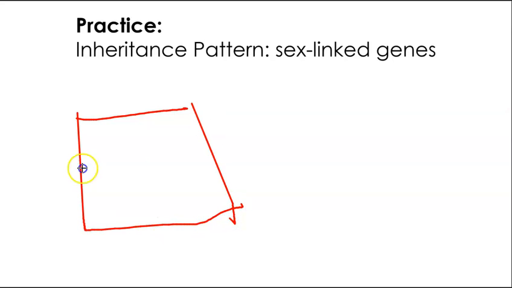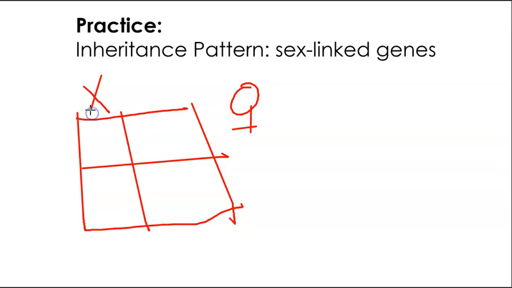Okay, so let's do a clear palette. That's fine. So again, let's draw this out. Mom has two X chromosomes.